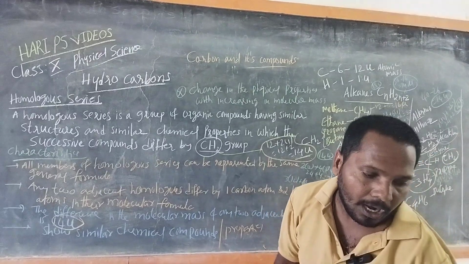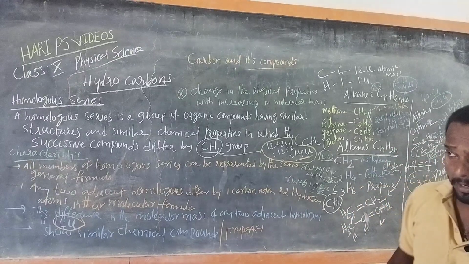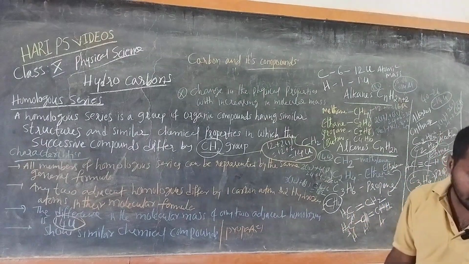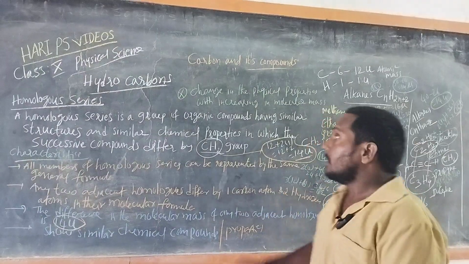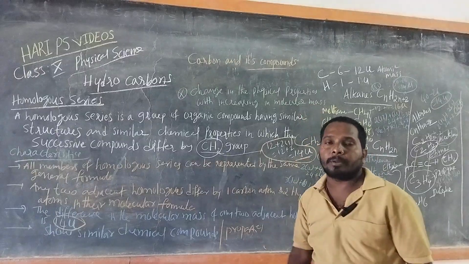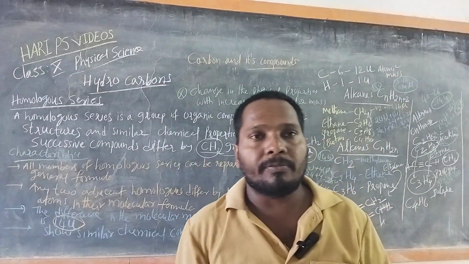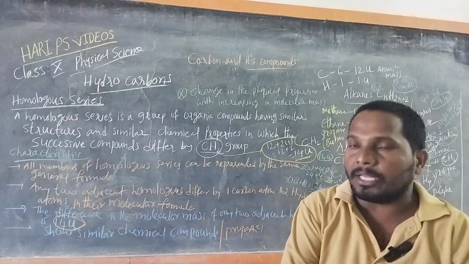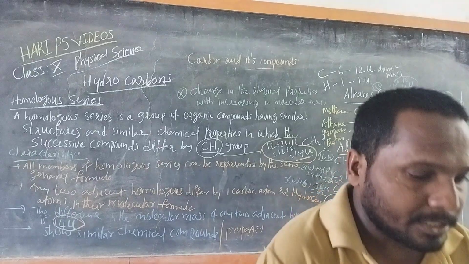So all the compounds of a homologous series show the same chemical properties, but differ in physical properties because there is some variation in the number of carbon atoms.